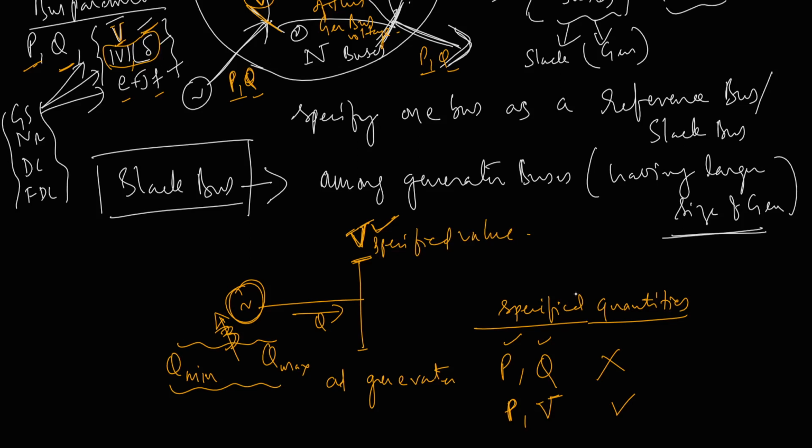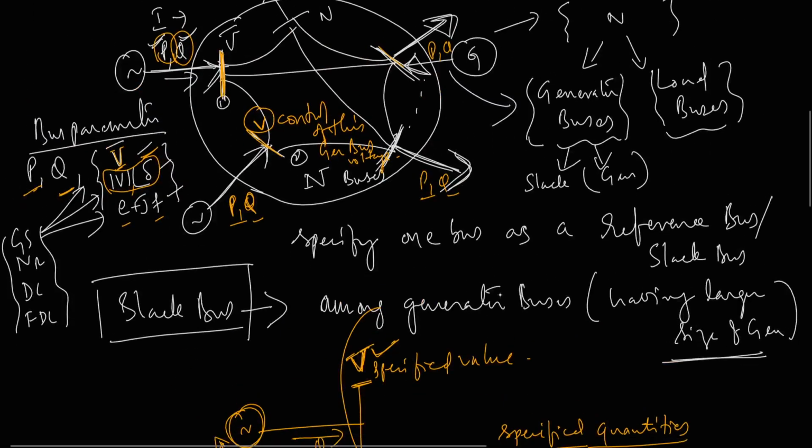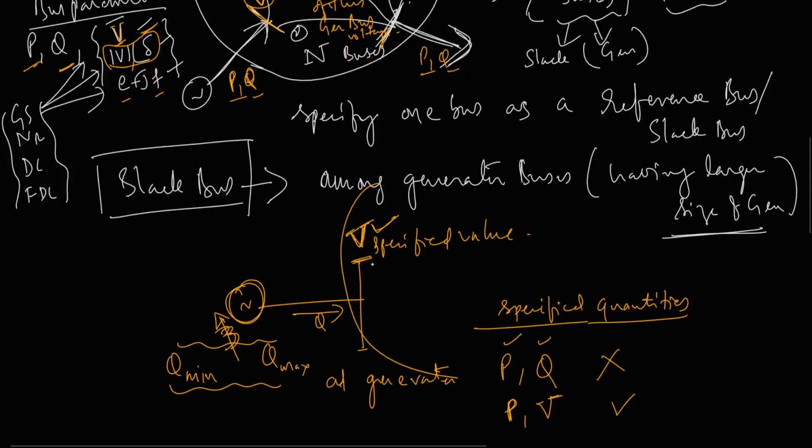Now if the system, that is the loads connected to the system, demand the reactive power Q from the generator beyond either this lower limit or above this higher limit to maintain the specified voltage here, then what?